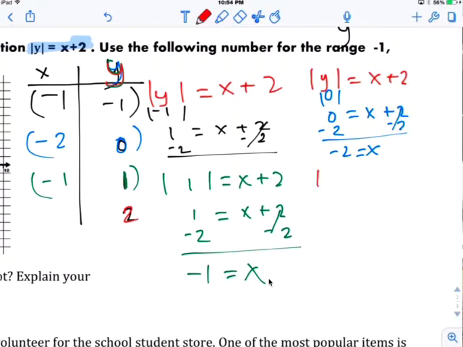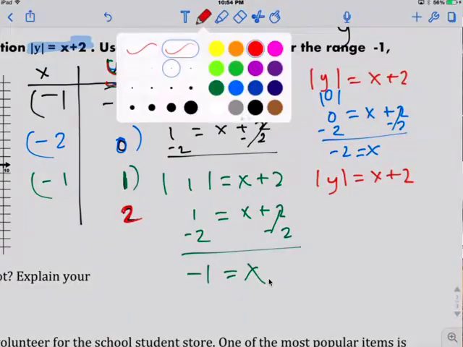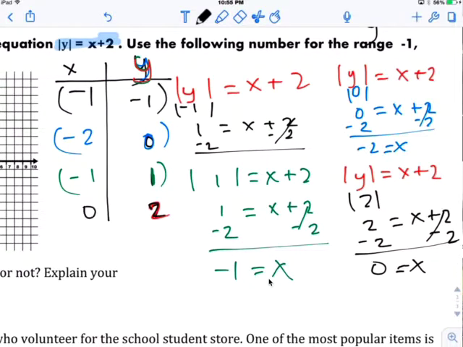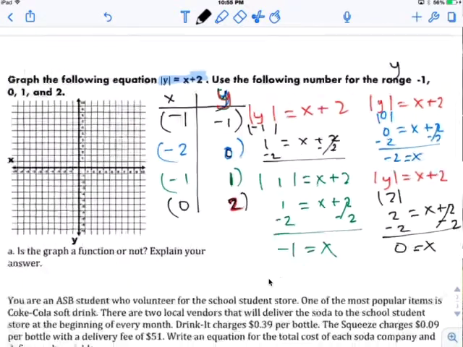So the absolute value of y equals x plus 2. I'm going to change the color, just make it black. Absolute value of 2 is 2 equals x plus 2, minus 2, minus 2. X equals 0. Like that.